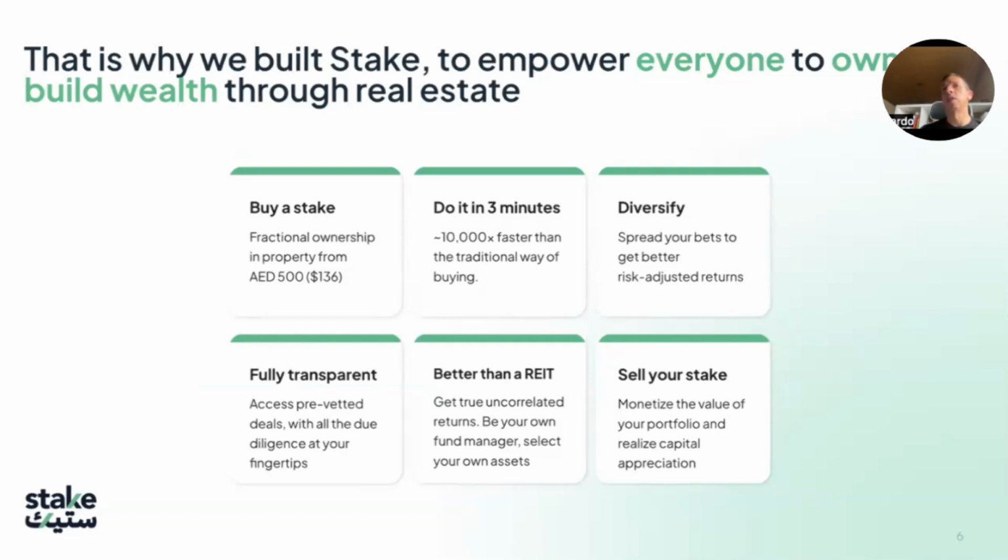This allows you to select from an array of curated properties that we have on the platform, and we try to make our experience as transparent as we can. You have access to all the documents, and throughout the life cycle of that property, we inform you of what's going on. For example, when you receive rent, when the property appreciates, and ultimately, to close that cycle, eventually you, as an investor, will sell your stake in the property and realize a return.